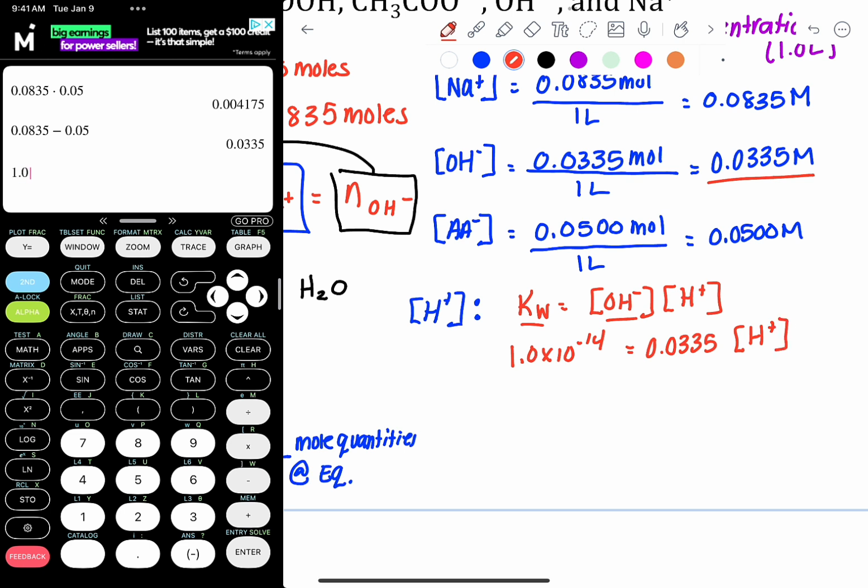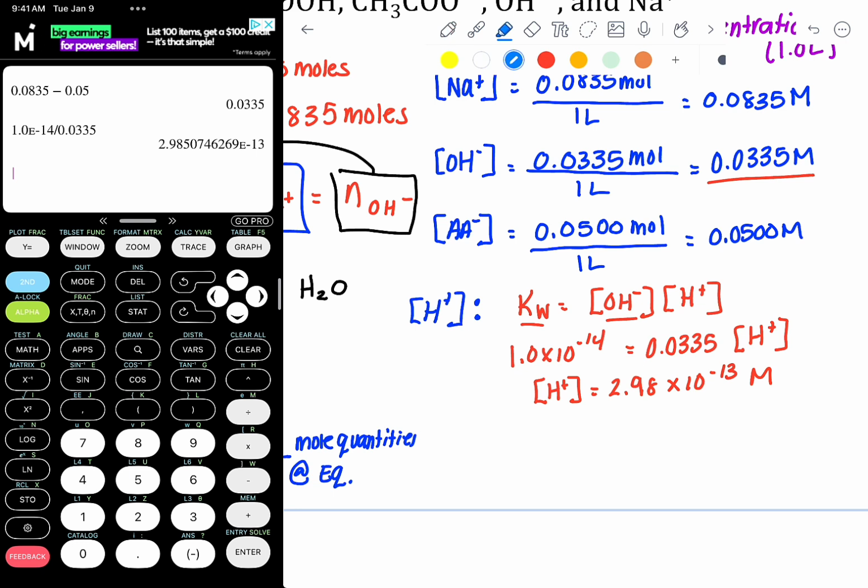So we just take 1.0 times 10 to the minus 14, divide it by 0.0335, and we get an H+ concentration of 2.98 times 10 to the minus 13 molar. I'll highlight that.